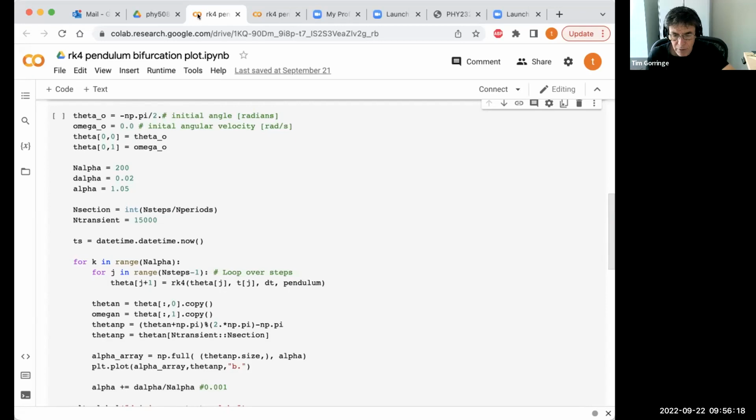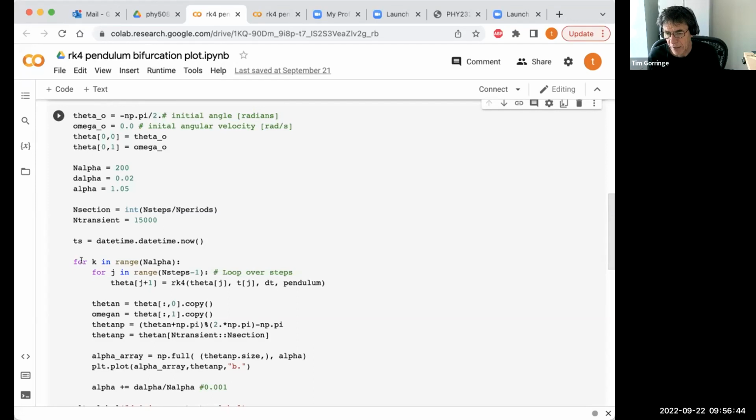The other comment I wanted to make was related to the bifurcation plot. Remembering the bifurcation plot, you're plotting the angular displacement versus the driving force, or the angular velocity versus the driving force parameter. To do that, I introduced an additional for loop.